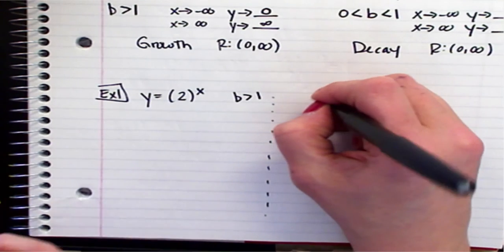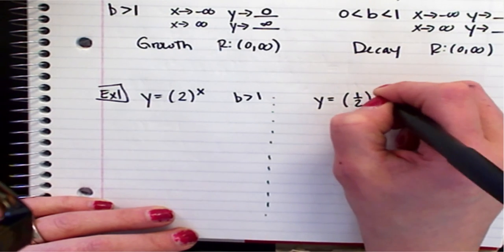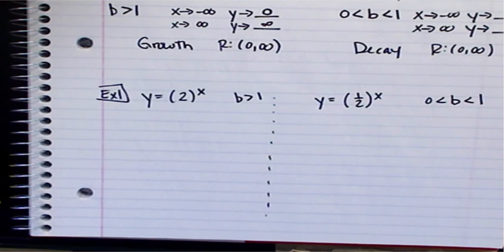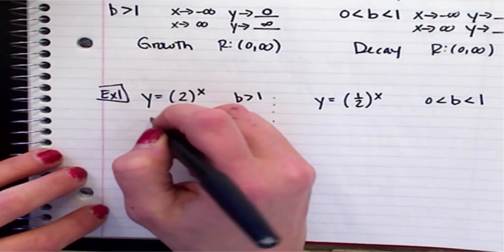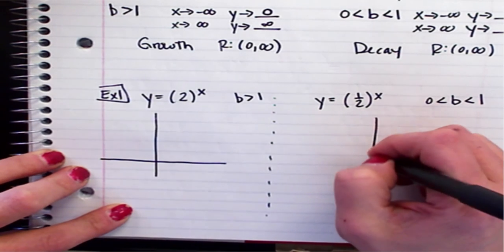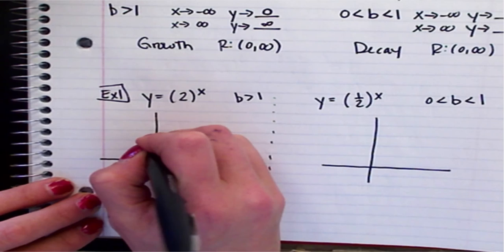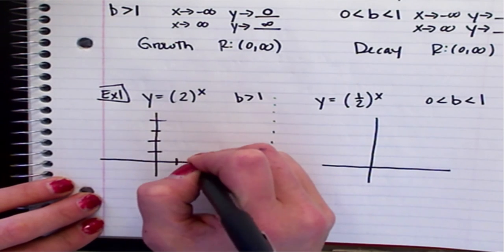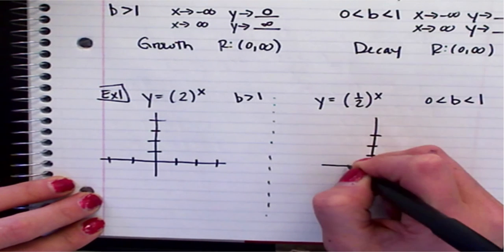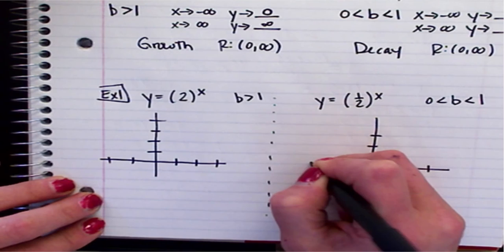And this one, I guess we could do 1/2. This one, the base is between 0 and 1. Okay. And this time we can actually put tick marks on the graph.